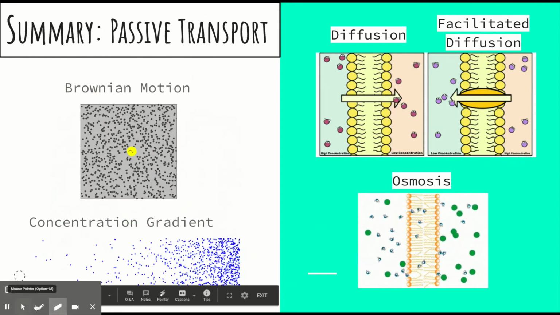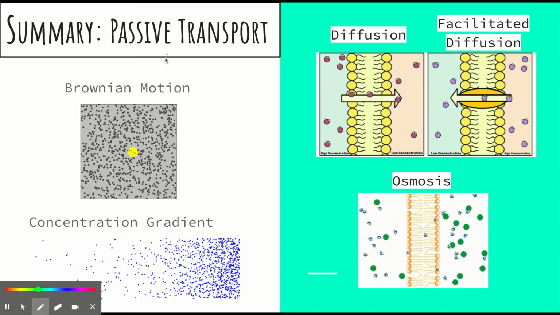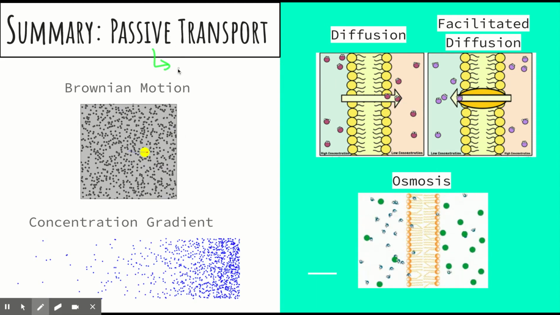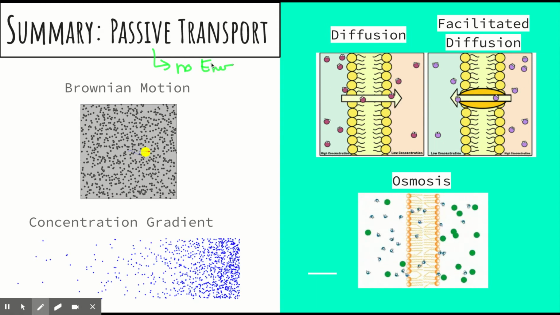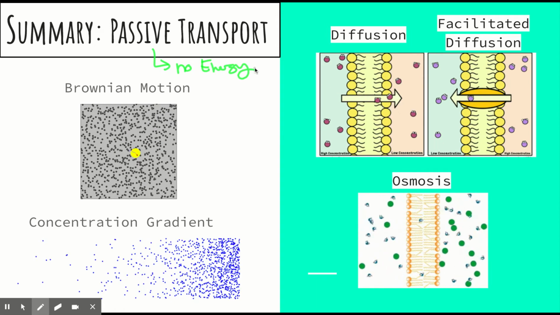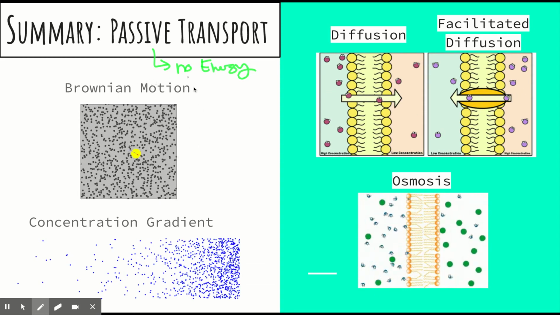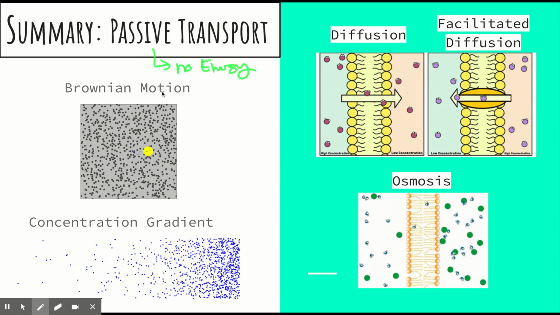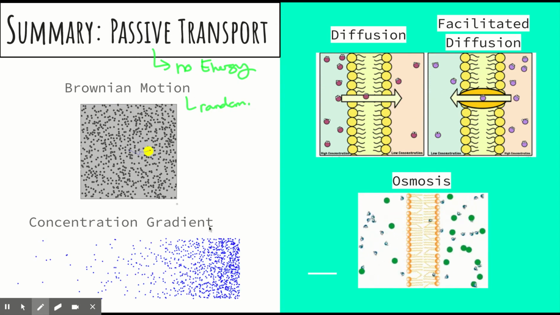So overall, this is what we have covered in this little lesson. Passive transport, the big thing here, is it requires no energy from the cell. And that is because it starts with Brownian motion, the movement of the particles. That Brownian motion is the random motion of the particles.